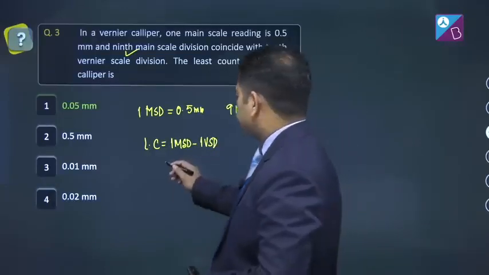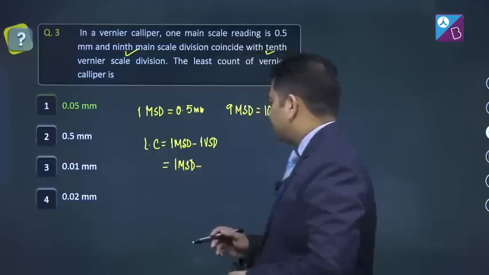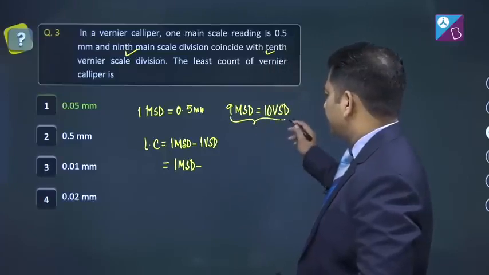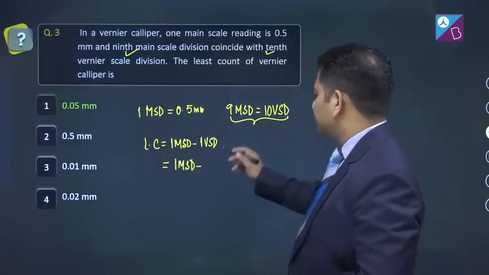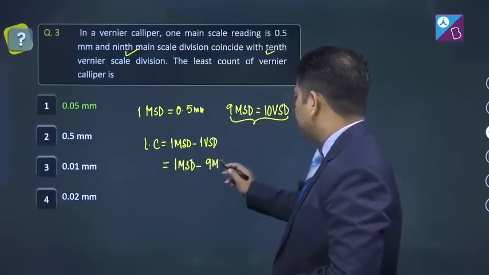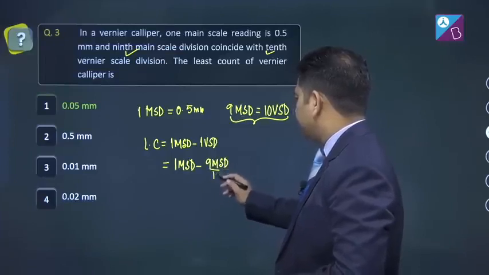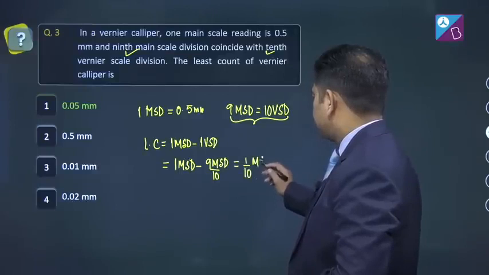So here this is 1 MSD minus, with the help of this expression, I can relate VSD to MSD. So if 10 VSD is 9 MSD, 1 VSD will be 9 MSD divided by 10. And this comes out to be 1 by 10 MSD.